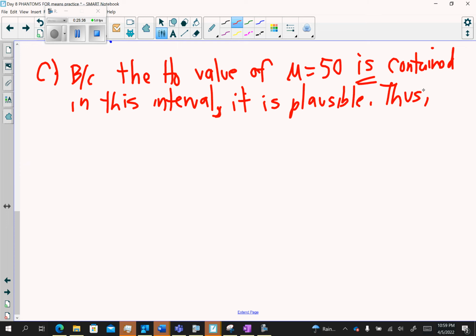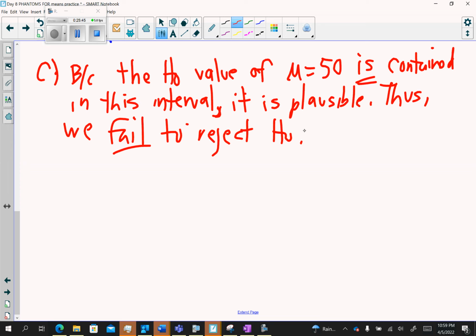Thus, we fail to reject its value, which is the null hypothesis.